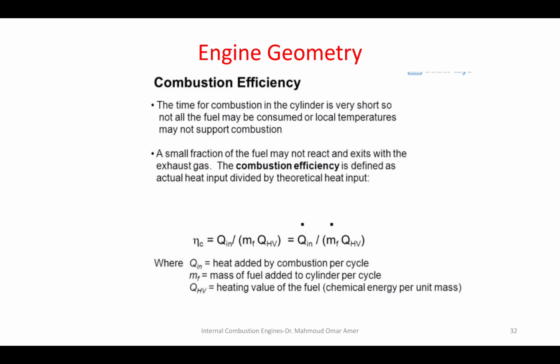The output for the combustion efficiency is the heat gained inside the cylinder, so it's Qin, the heat added by the combustion inside the cylinder, divided by the input. What was the input to give me this heat? It was the fuel, so m_fuel times its heating value.